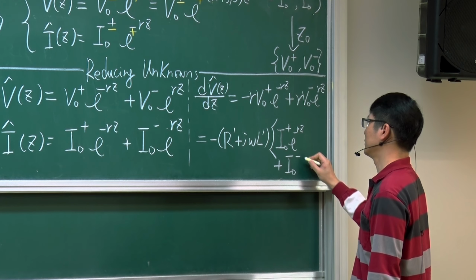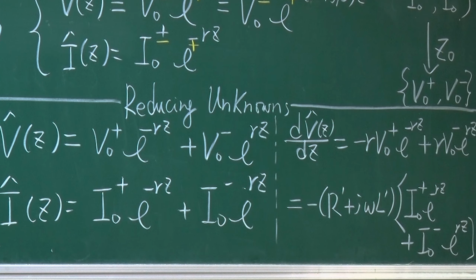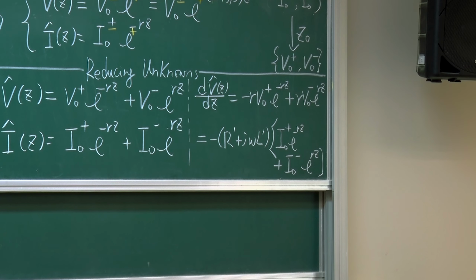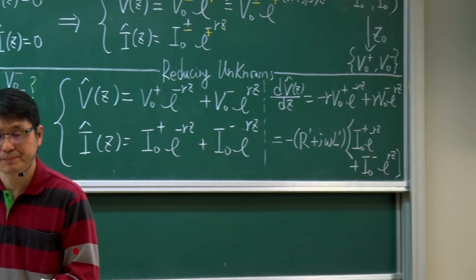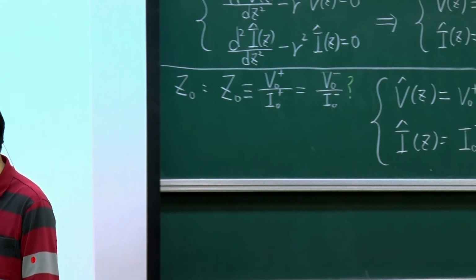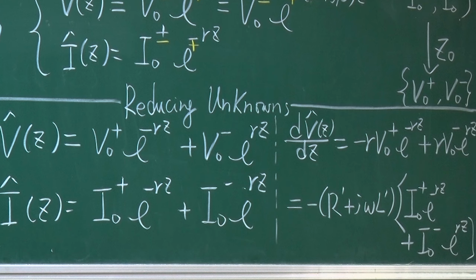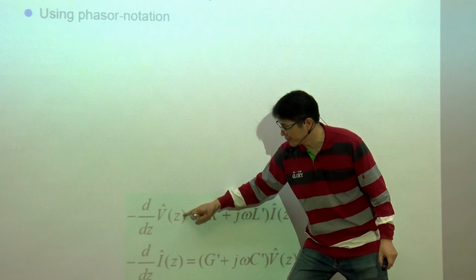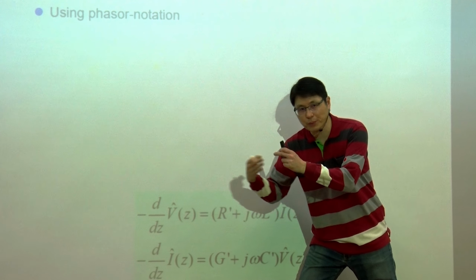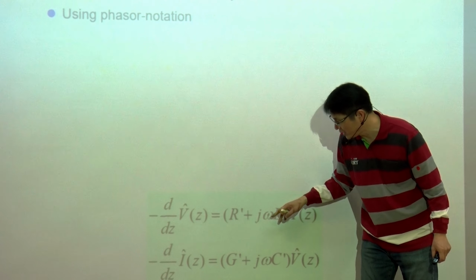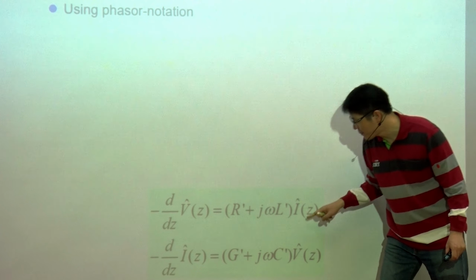All I'm doing is using the solution form of counter-propagating waves, performing its spatial derivative, and that would be equal to the negative of this one multiplied by the solution form of I. I performed the spatial derivative, this is what I have, and that is equal to negative (R prime plus j omega L prime) multiplied by my current generalized solution form.